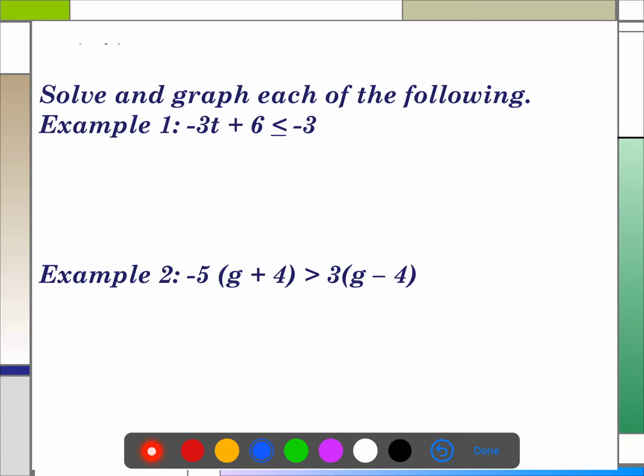We're first going to solve some regular inequalities, keeping in mind that one rule: when we multiply or divide by a negative, we have to flip our inequality sign. We're going to use all of the same skills for solving, which means SADMEP. We're just going to keep in mind our inequality. So we're going to subtract 6.